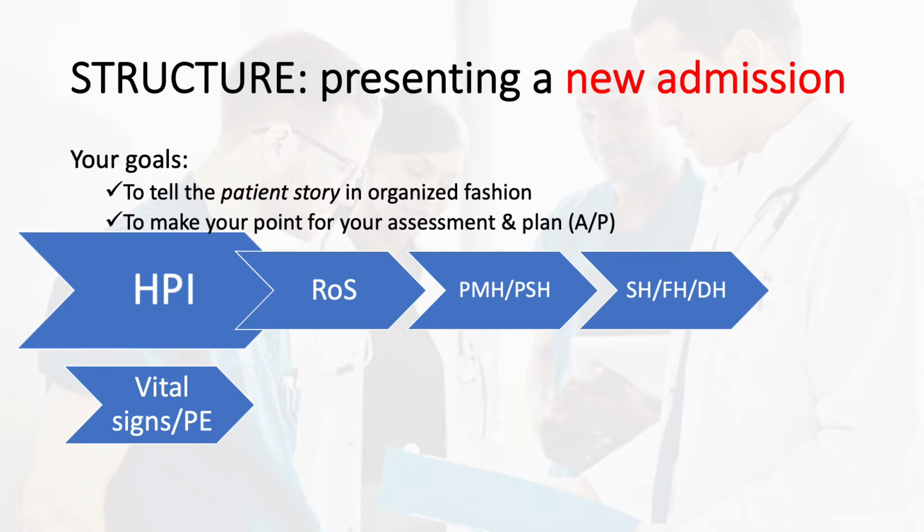And then you're going to pay attention to not just the positive, but also the pertinent negative, which implies that you really know what you're looking for. And all this is based on the HPI and the differential diagnosis that you're telling your team or the audience during your presentation. And then you're going to mention the labs, starting with CBC, CMP, and then the pertinent labs.